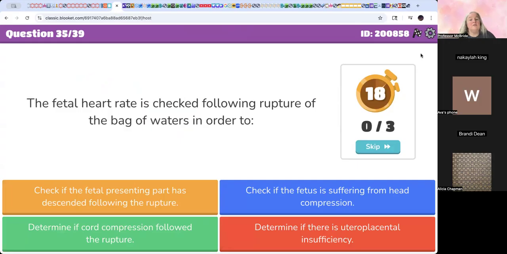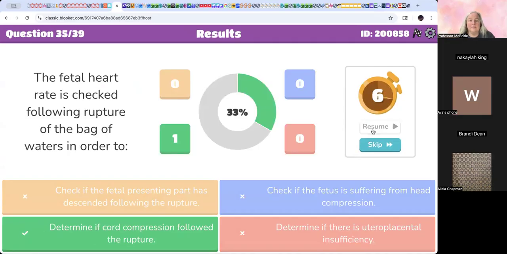A fetal heart rate is checked following rupture of bag of waters in order to what? Okay, only one of you answered. You answered correctly.